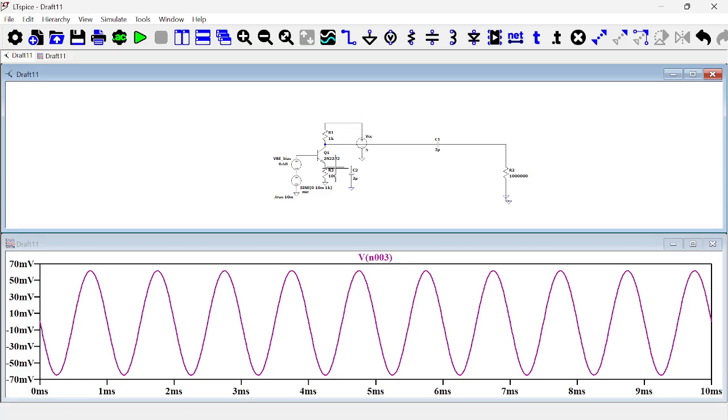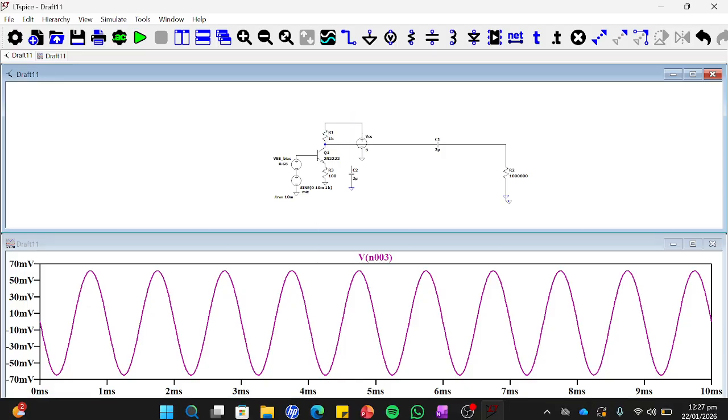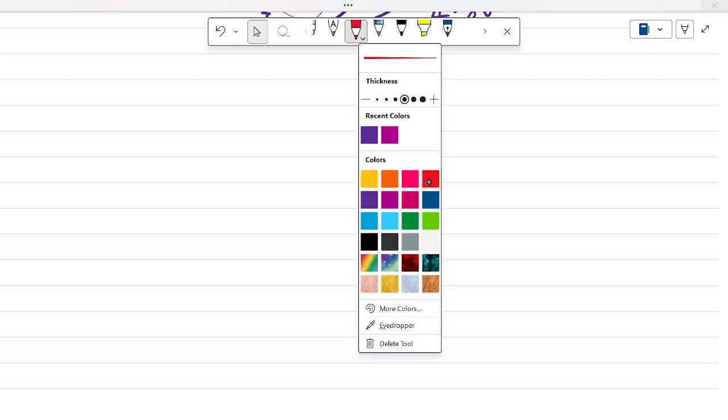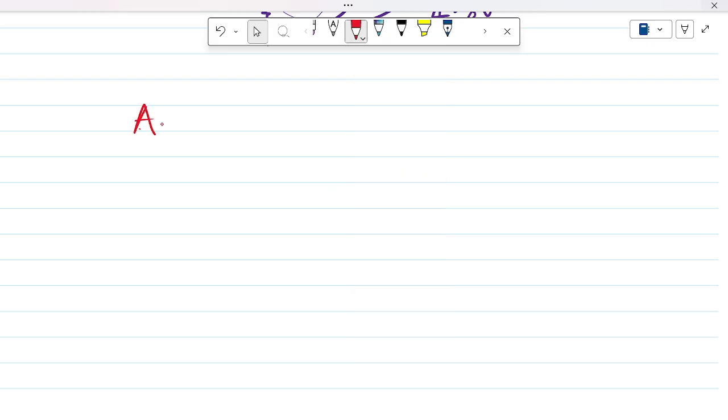Okay, so looking at this, you see with the normal gain, I have A is equal to minus gm RC. But once you bring in the emitter degeneration, the gain now becomes negative RC over 1 over gm, plus RE.